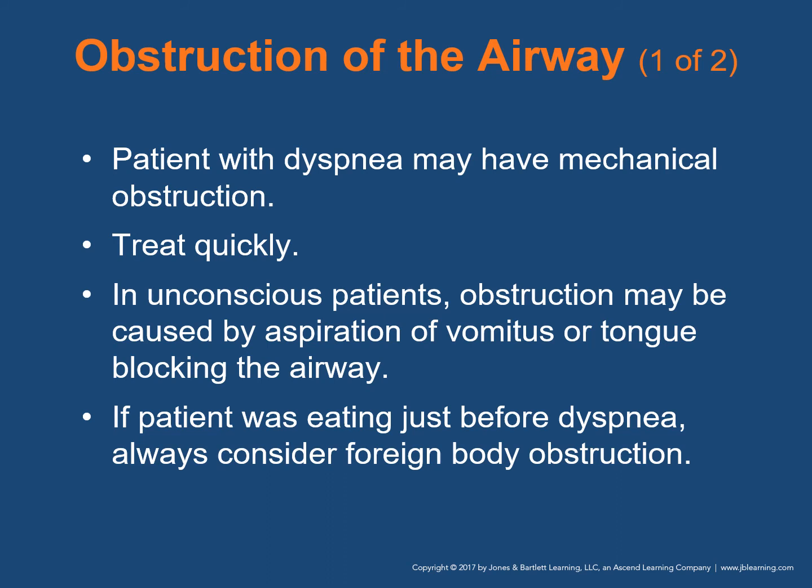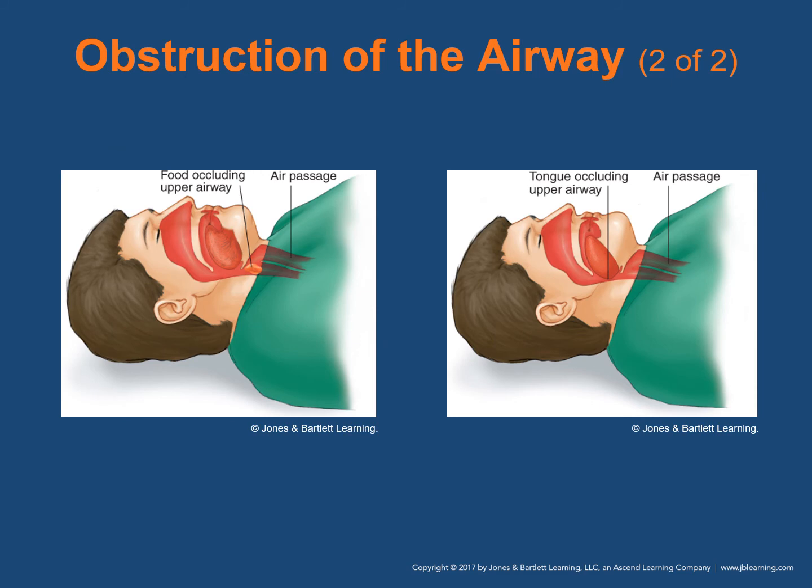So always figure out the reason that they might be choking and clear that airway obstruction very quickly, or they cannot breathe at all. Okay, these pictures are showing you some obstructions. So in the first one, there's a piece of food stuck in his trachea, which is kind of not where it's supposed to be.